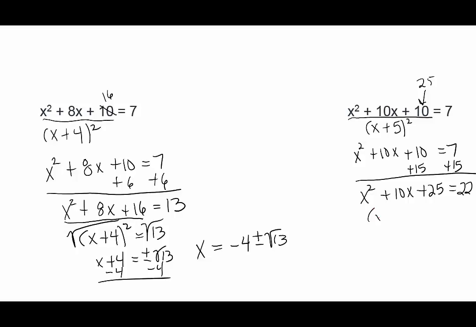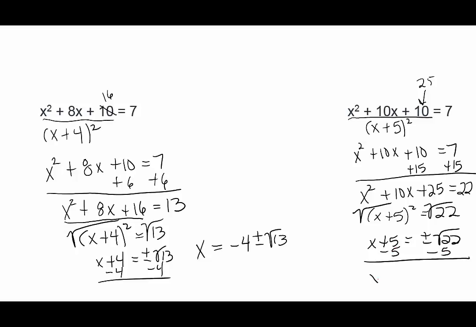Now I factor my perfect square trinomial into x plus 5 squared. Take the square root of both sides. X plus 5 equals plus or minus square root of 22. Subtract 5. X is equal to negative 5 plus or minus square root of 22.